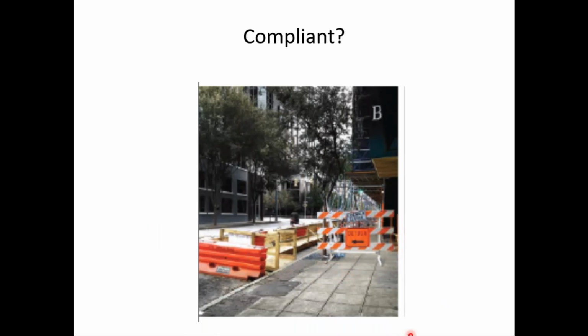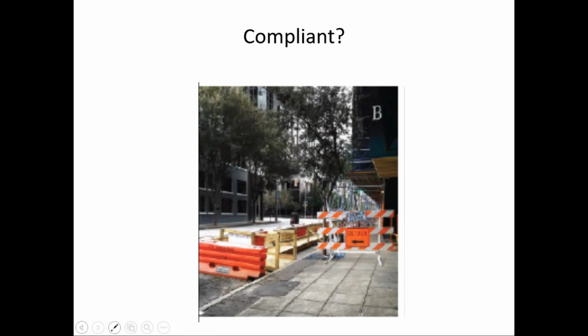Is that compliant? I would say no, because notice that's more than 2 inches from the ground to the bottom rail of that type 3 barricade. So the type 3 barricade is fine in the roadway for vehicular traffic, but it is not a compliant channelizer in terms of pedestrian traffic because of the height difference between the ground and that bottom rail.